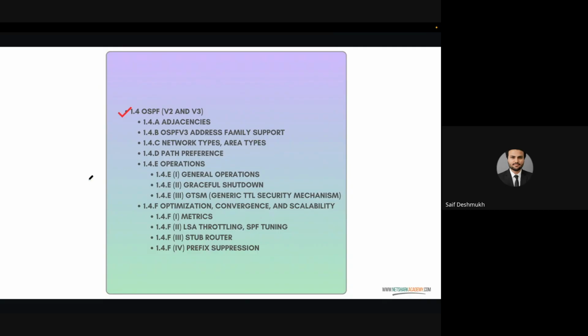Let's talk about the areas. OSPFv3 specifically, we're going to talk about totally after completing OSPF version 2. Network types are also going to be taken in the next sections. We're understanding area types.